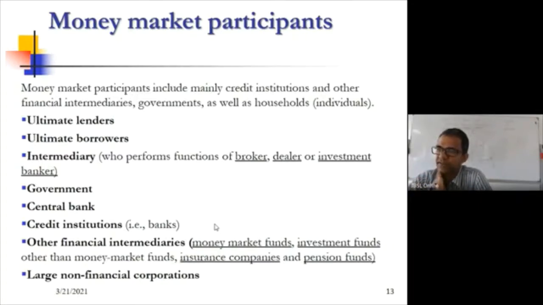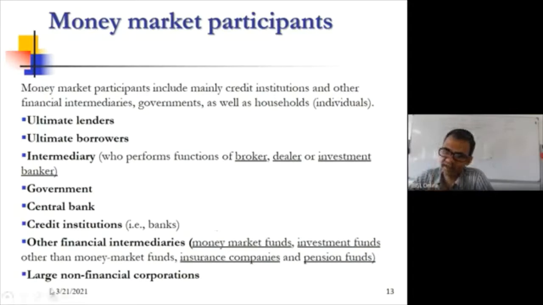And there can be other financial intermediaries such as money market funds or endowments or superannuation funds, insurance companies, things like that. They also participate in the money market, but most of them are providing liquidity. So that means they lend. Mostly they lend rather than borrowing.